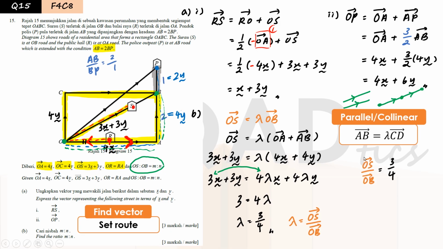So now you can clearly see the ratio already, right? OS is 3 parts, OB is 4 parts. Okay, so let's rewrite this thing into this format. Alright, so OS to OB, it will be 3 to 4. And since the question tells us to find the ratio of MN, for the OS and OB, we need to change to MN. Okay, so MN equals 3 to 4, and this will be our answer.